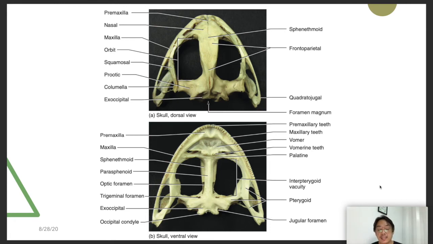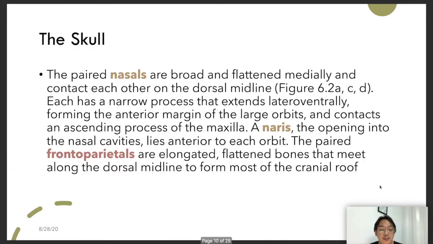The paired nasals are broad and flattened medially and contact each other in the dorsal midline. So this is figure 6.2 A, D and C, D. Each has a narrow process that extends lateroventrally, forming the anterior margin of the large orbits. You see the large orbits of the frog, okay, which is ascending.